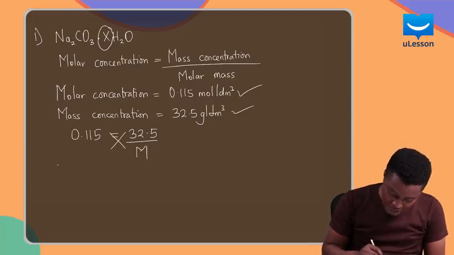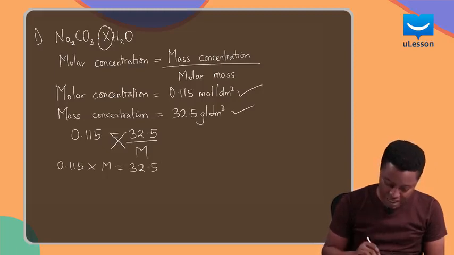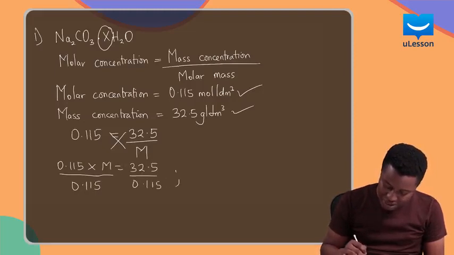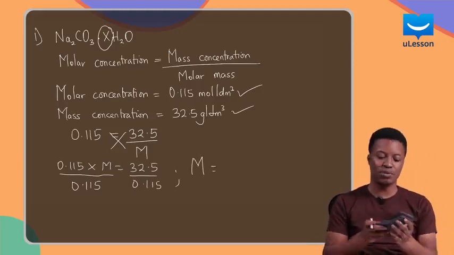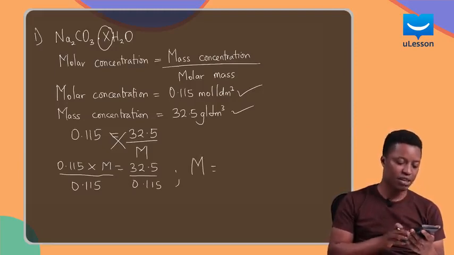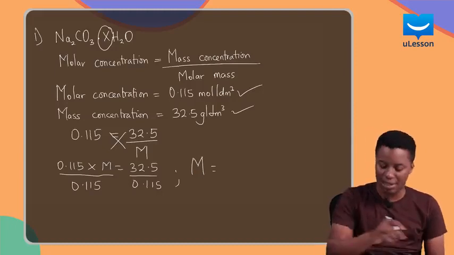To obtain the value of M here, we cross multiply. This gives us that 0.115 times M will be equal to 32.5. To obtain the value of M, we divide both sides by 0.115. And this gives us the molar mass of the hydrated salt to be, let's do that quickly, 32.5 divided by 0.115, 282.6.